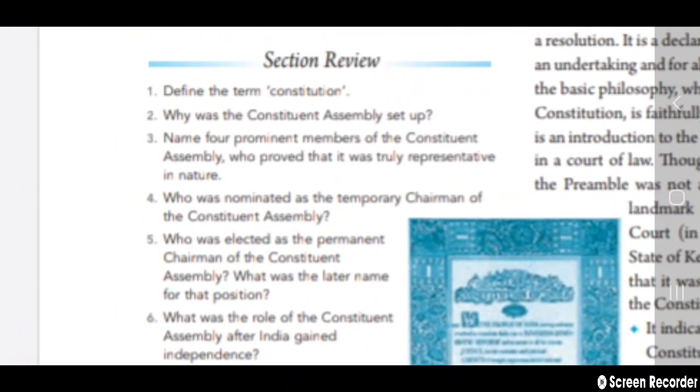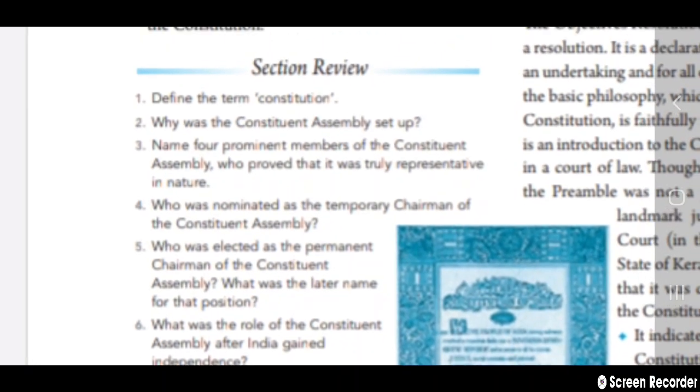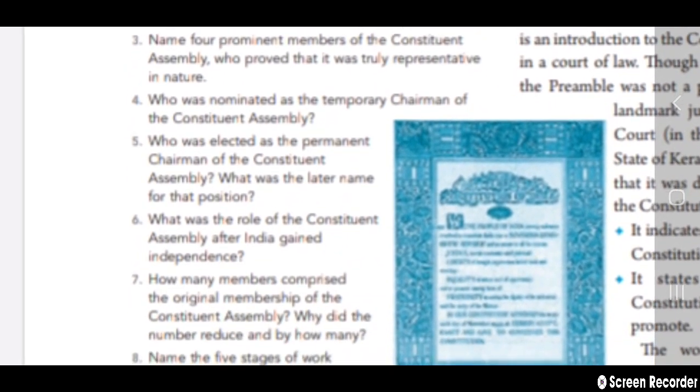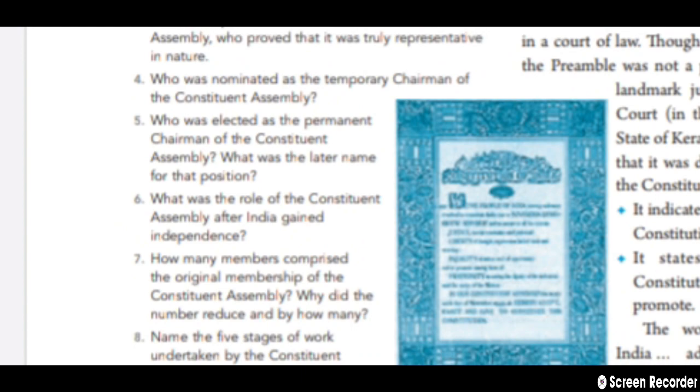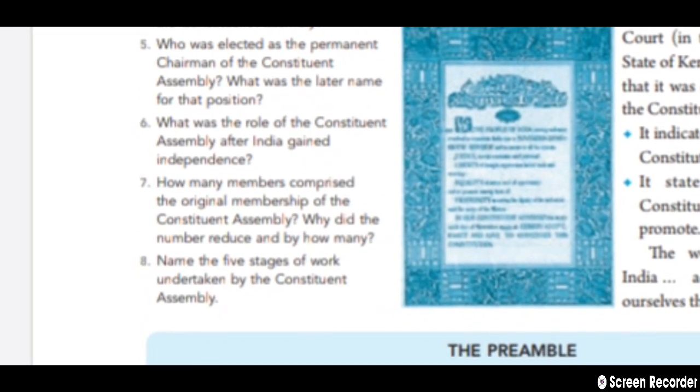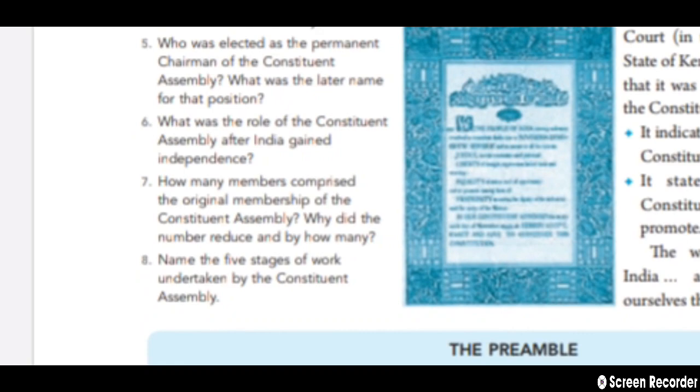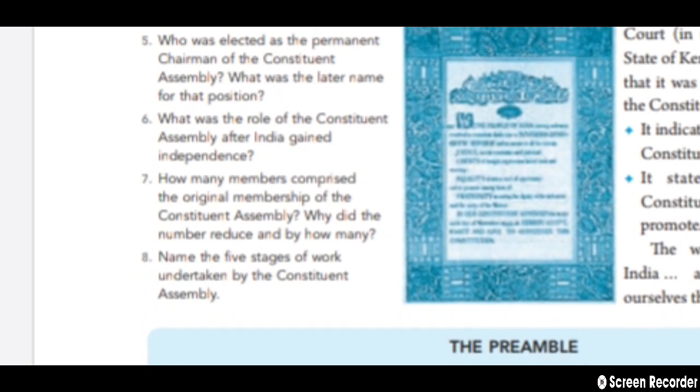Here you can see the review. Here they have asked to define the term constitution. Why was the Constituent Assembly set up? Many other questions are given. Name the 4 prominent members of the Constituent Assembly who proved that it was truly representative in nature. Who was nominated as the temporary chairman of the Constituent Assembly? Who was elected as the permanent chairman? What was the later name for the position?